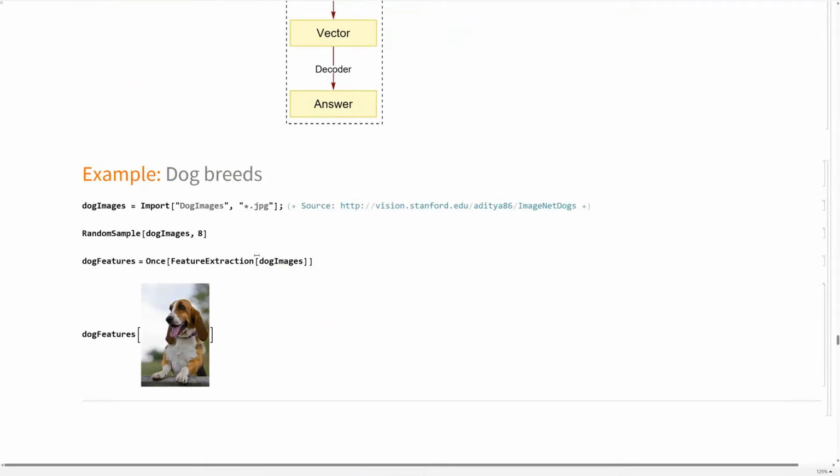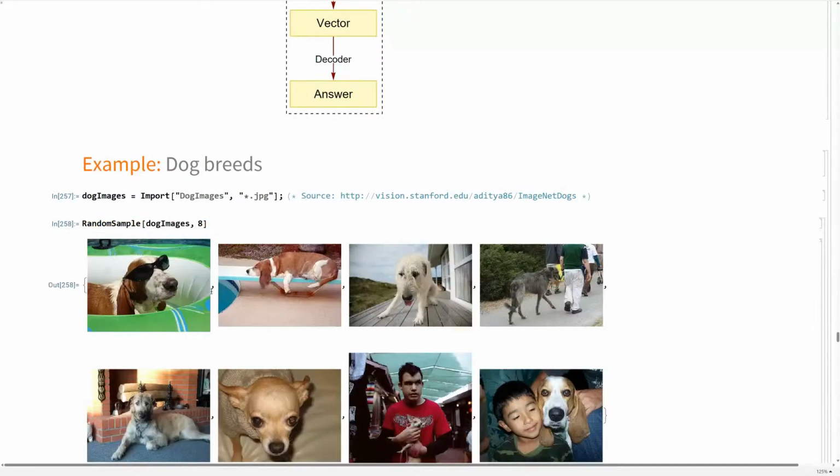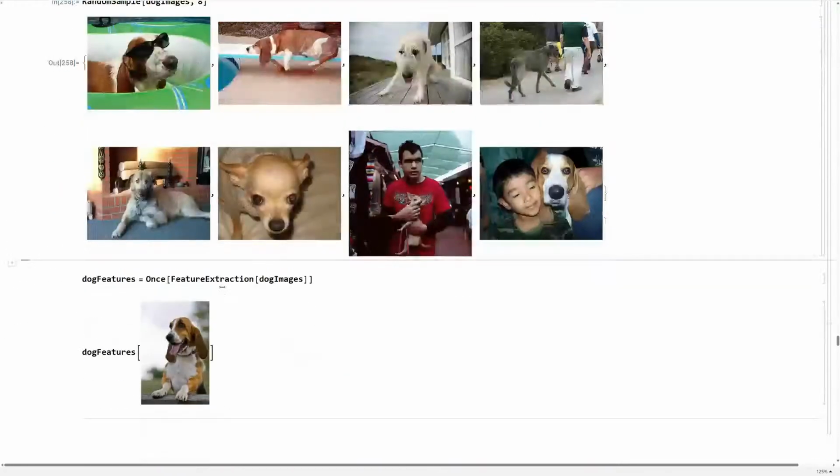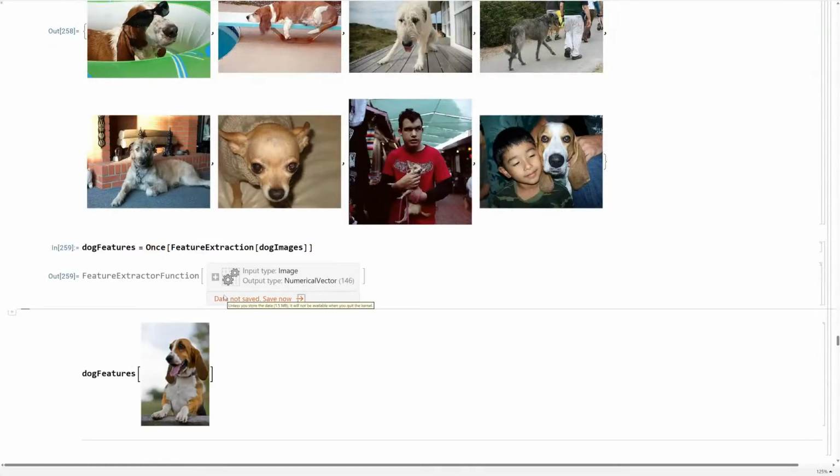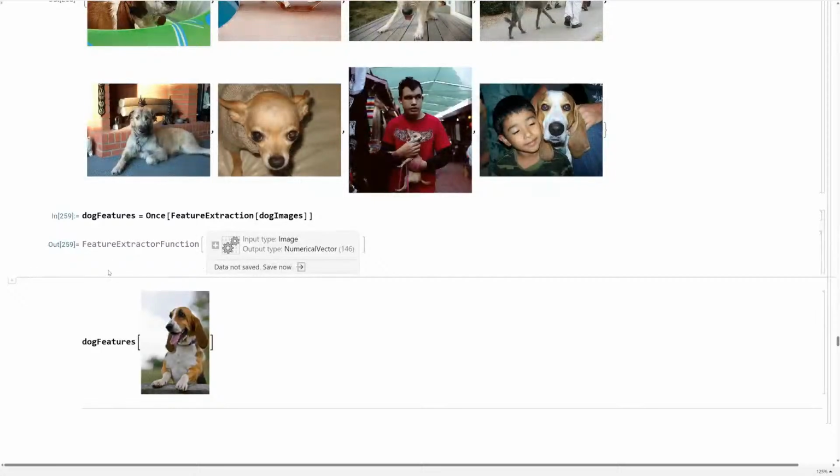All right, this example is about dog breeds, where we will import some dog images from our folder. Let's give it a second. All right, now let's look at some cute dog pictures. And what I'm doing here is extracting the features of these dog images, with this feature extractor function, which you can take as a model.